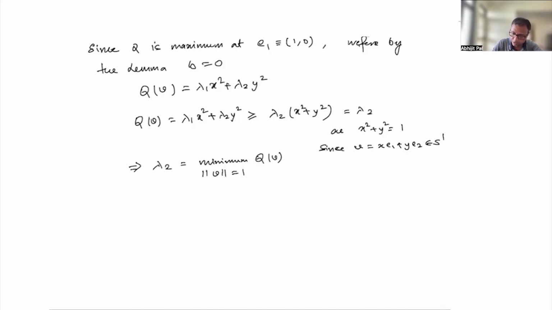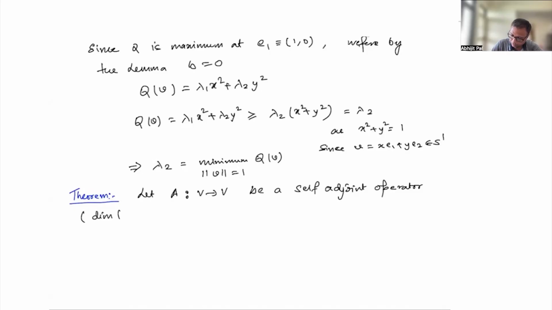Okay. So using all these things, we have the following theorem. Let A from B to B be a self-adjoint operator. Again, dimension of B I have to take to be equal to 2.